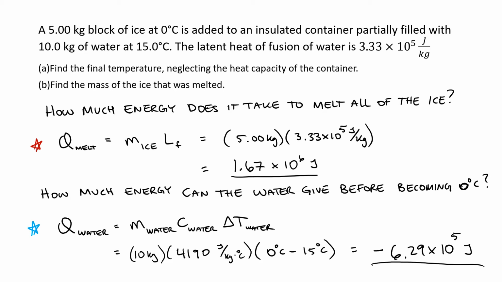So how do we actually get around this? How do we figure out how much ice is going to be melting? First off, I can answer part A. You say that the system is going to go down to 0 degrees Celsius because the water is going to offer all of its energy. It's going to be reduced down to 0 degrees Celsius, and only some of that ice is going to melt. But then there'll be that ice and the water both at 0 degrees.